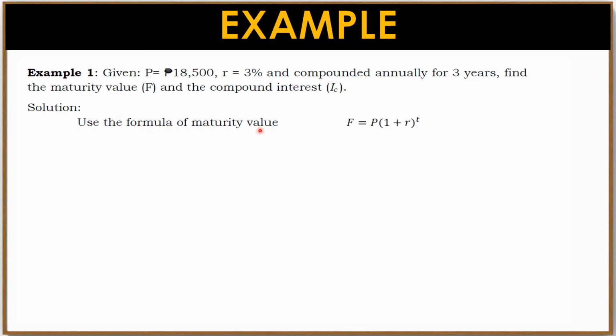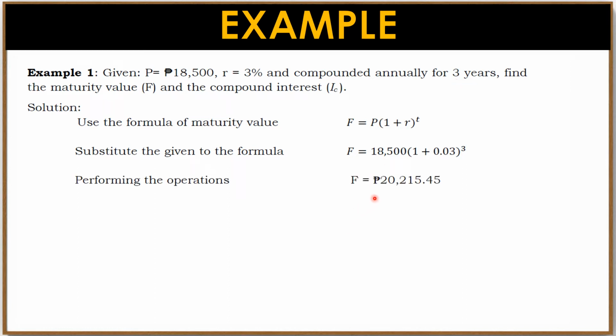Use the formula for maturity value, that is F equals P times 1 plus R raised to T. So just substitute the given. The given is the principal amount, which is 18,500. Then 1 plus 0.03, this is the rate, which is 3%. And the term or time is 3, which came from payable for 3 years.